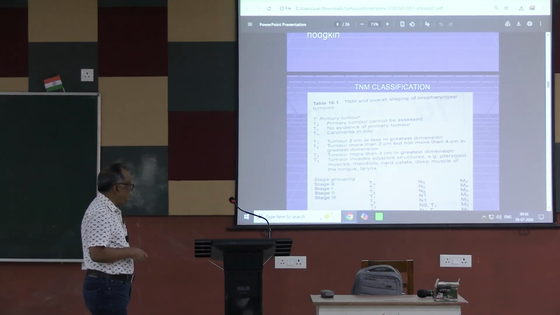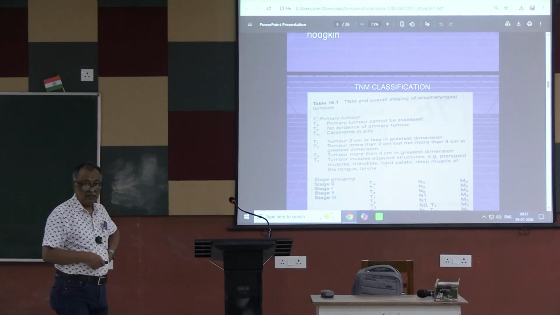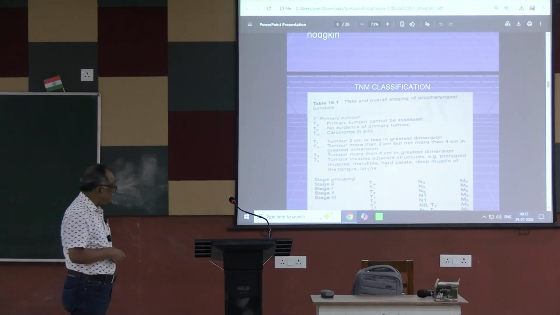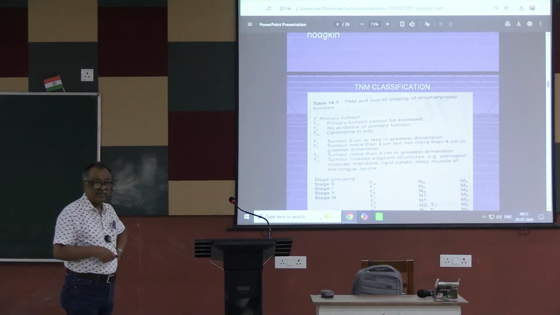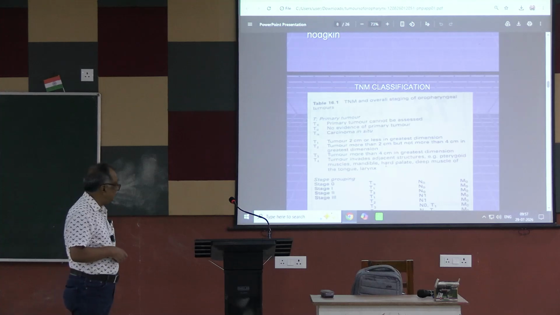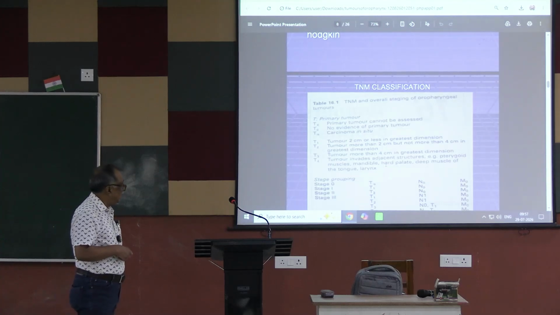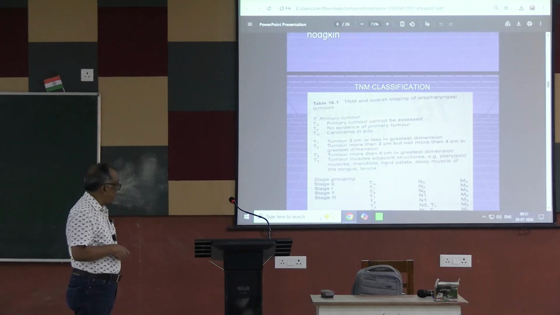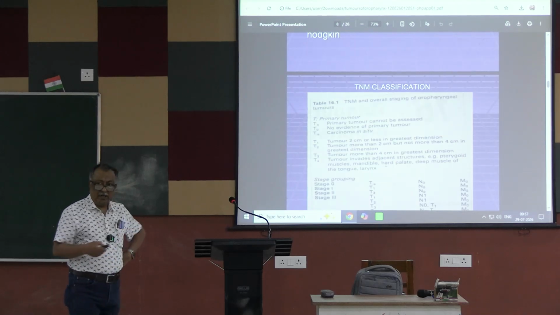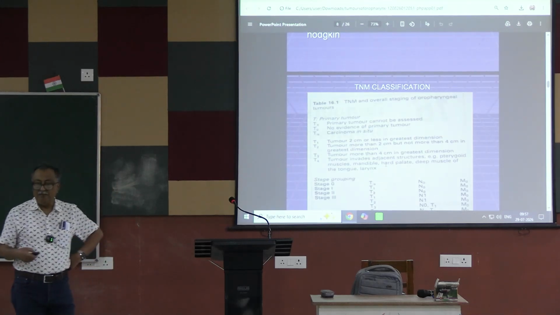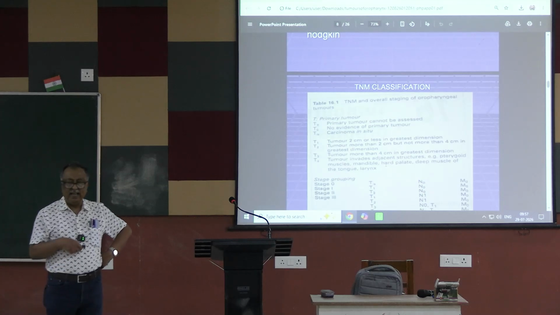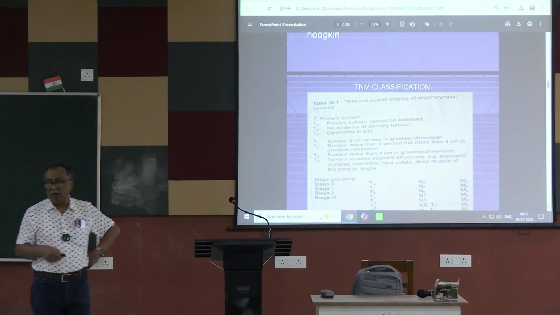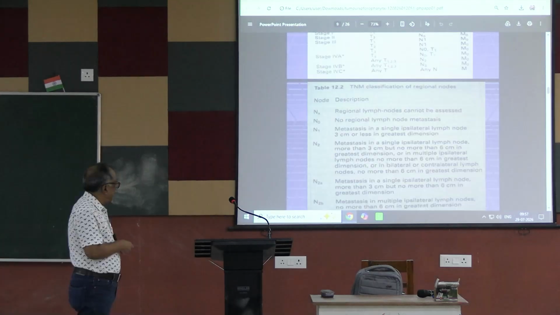T4 tumor invades the adjacent structure. That means the significant part in our case for surgery is the T3 and T4. In case of the T1 tumor, T2 tumor, according to its character, if it is a lymphoma or a lymphoepithelioma, we can consider the radiation.